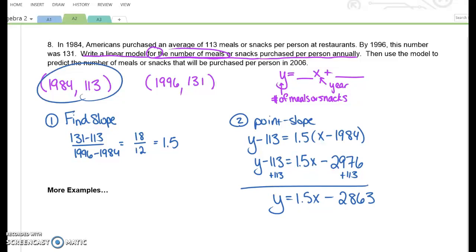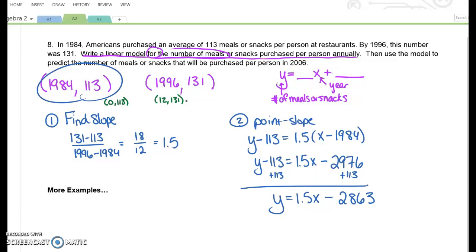We could have said that x is the number of years since 1984, in which case this point would have been 0, 113, and this point would have been 12, 131. Then our slope still would have been 1.5, but the model would be 1.5x plus 113. So it'd be a slightly nicer model.